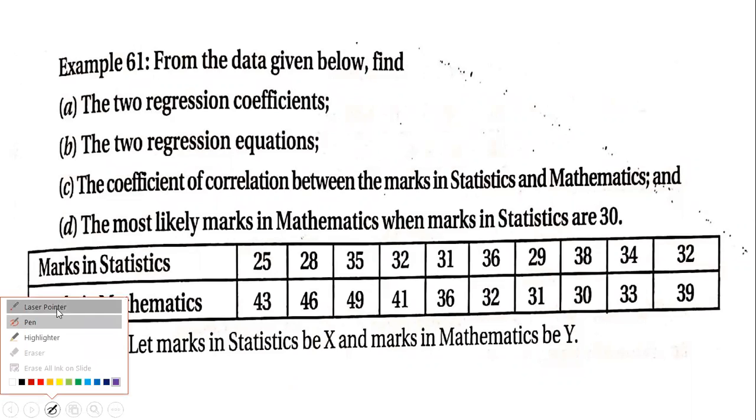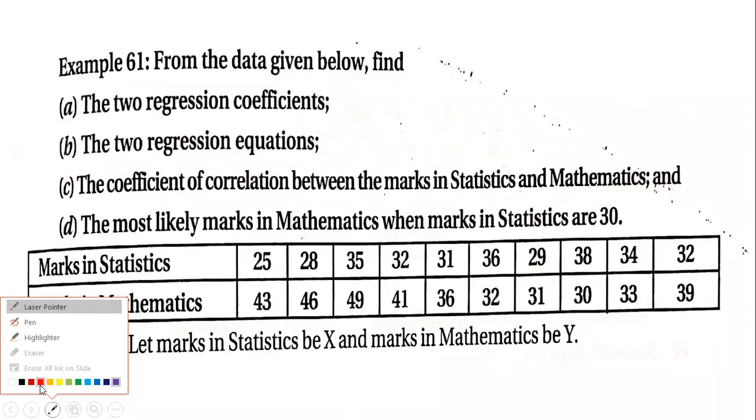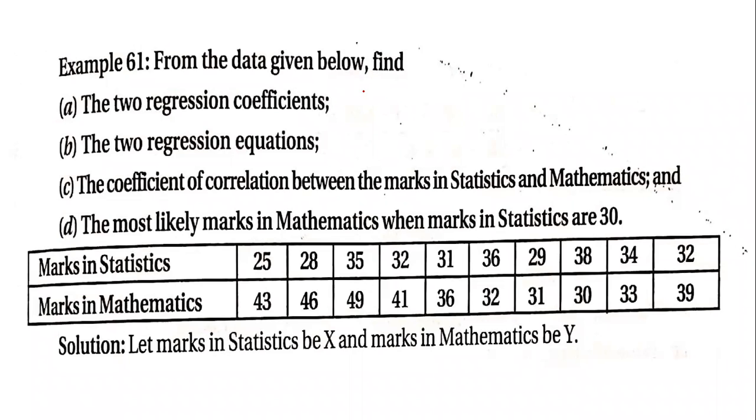Now this is a 14 marks question. This can be asked for 14 marks. So listen clearly. From the data given below, find the two regression coefficients. So what are the two regression coefficients? bxy and byx are the regression coefficients.